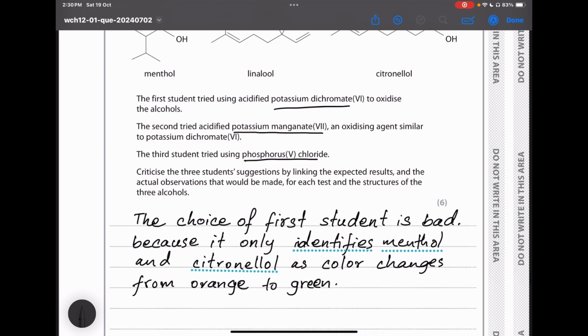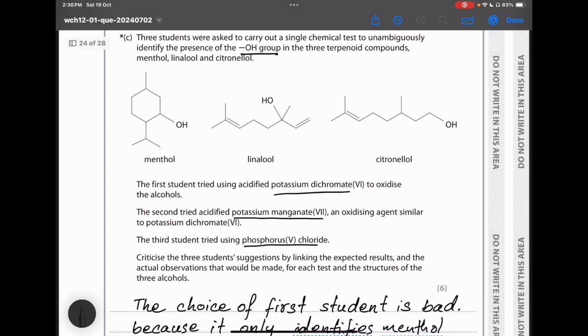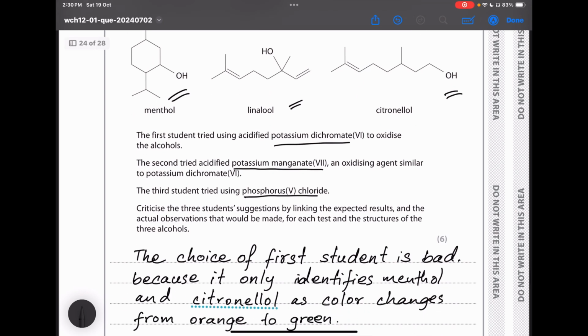Why is this? Because you see, potassium dichromate is only going to react with secondary alcohol and primary alcohol. It will not react with the tertiary alcohol, right? So that's why the student will not be able to identify the OH group in all of the three compounds.